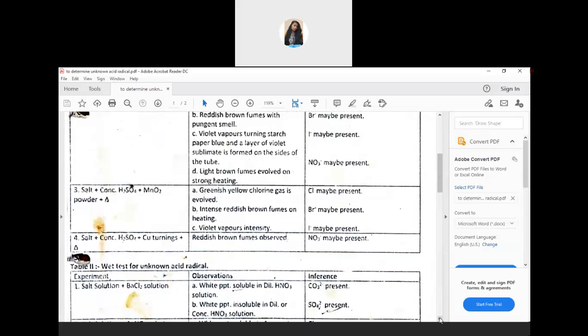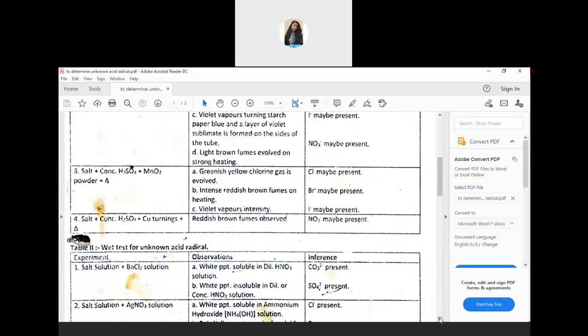That one is salt plus concentrated H2SO4 plus MnO2, manganese dioxide powder. Again you have to take a clean test tube, add a pinch of salt, add concentrated H2SO4 plus MnO2 powder, and heat it.